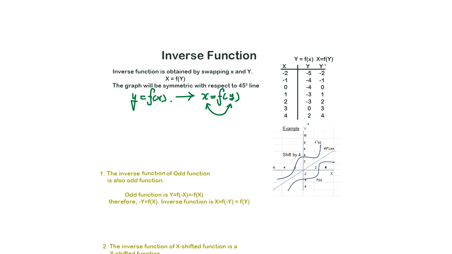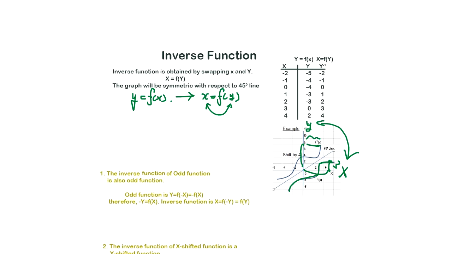What kind of effect can you expect to see on the xy coordinates? Okay, we are swapping x and y. So if you have some function like this, the x goes from here to here, and the y goes here.